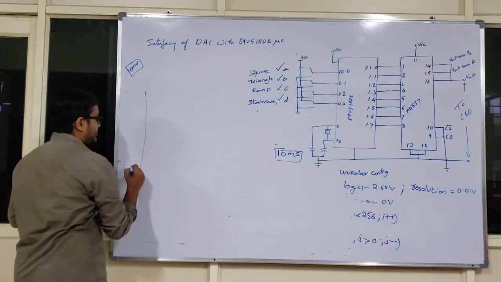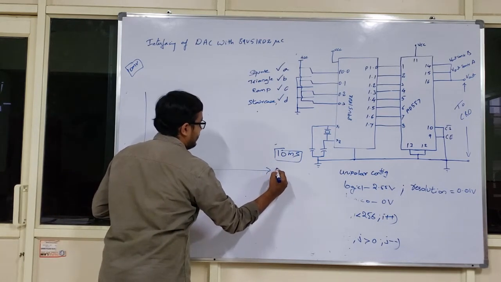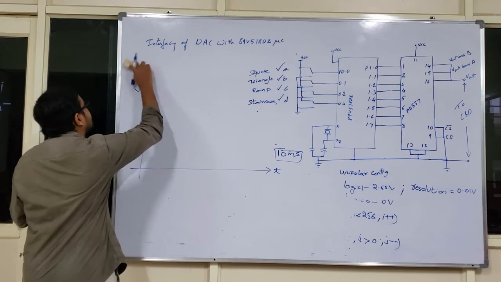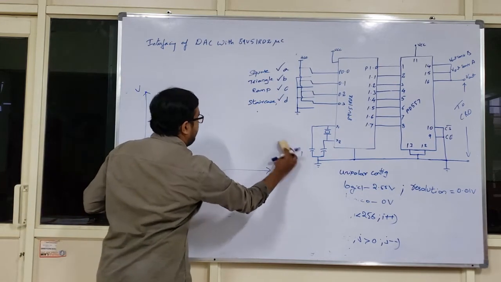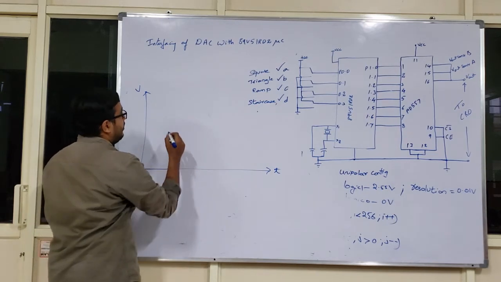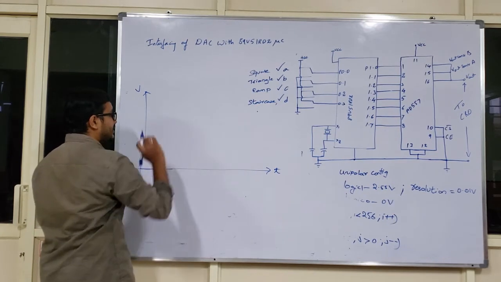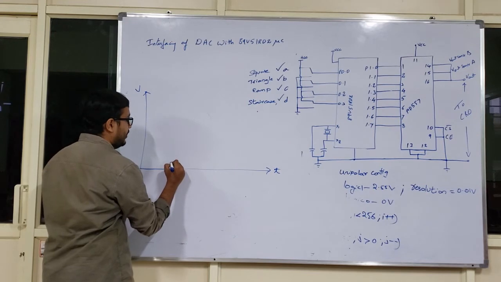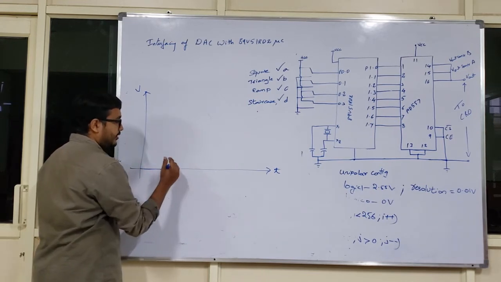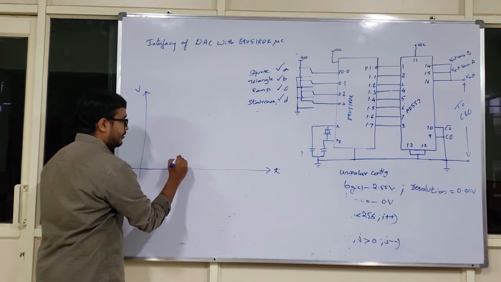So this is my y-axis or voltage axis, this is my time axis or x-axis. If I am on the ground floor, I have to reach my first floor, and say it takes me 8 steps to reach the first floor. This is the ground floor I am standing on, and this is my first step.